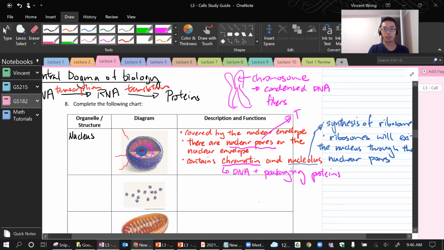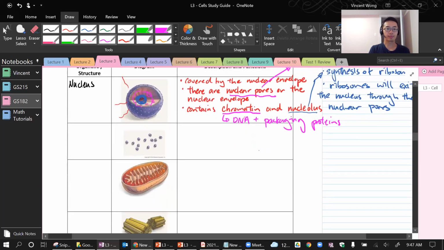So both RNA and ribosome pass through the pores. Okay. That's it. A lot of stuff for the nucleus.